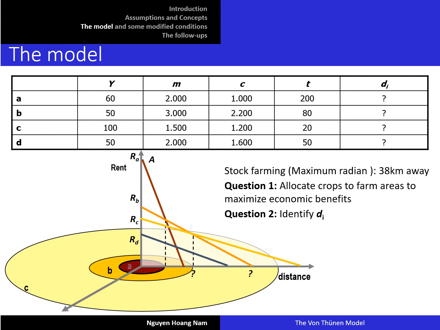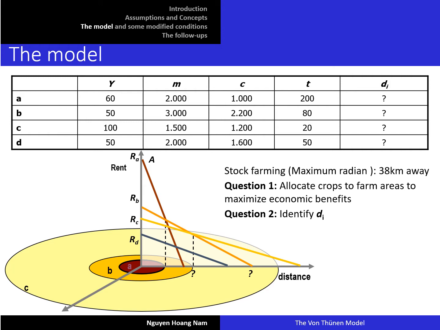Identify Di, which is D1, D2, D3, D4, or DA, DB, DC, DD, which is the distance of the crops.